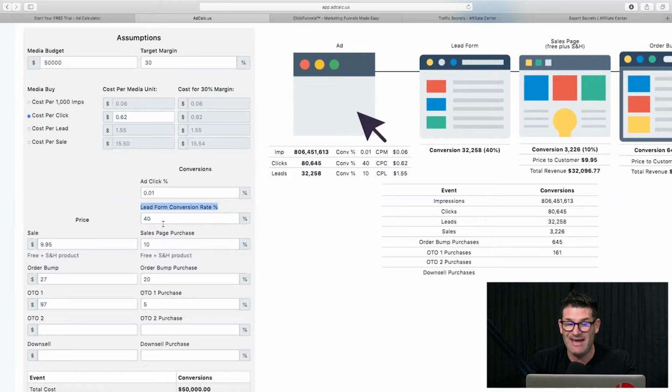You're not going to pay anything until somebody goes to your form, fills it out, and becomes a lead. So in this scenario, you got 32,258 leads from somebody, which means that at $1.55, that is when you start to pay out.